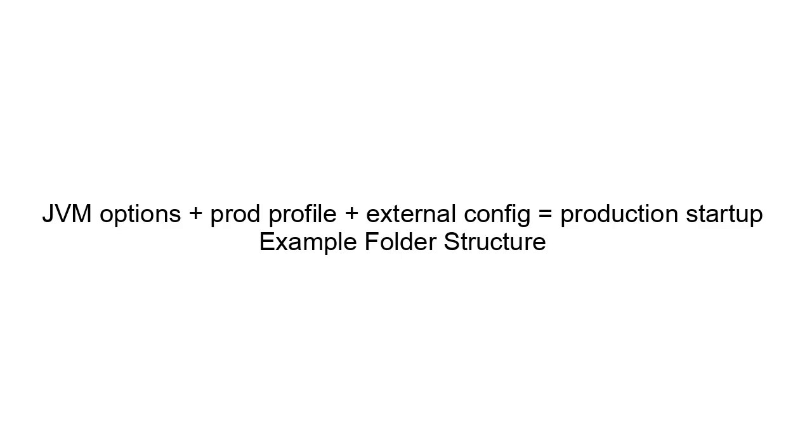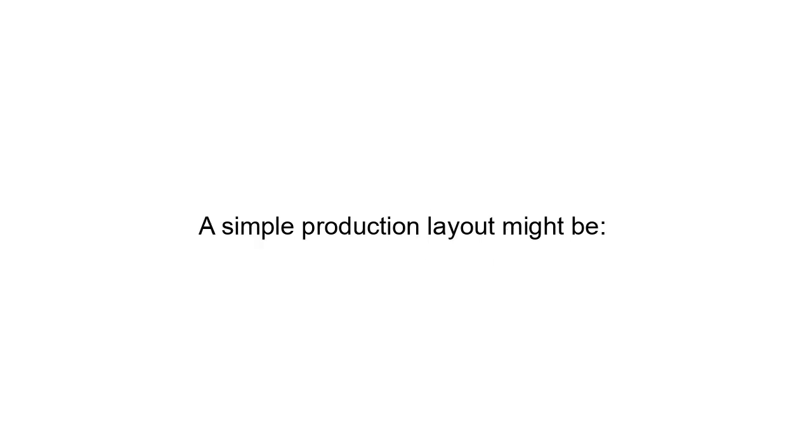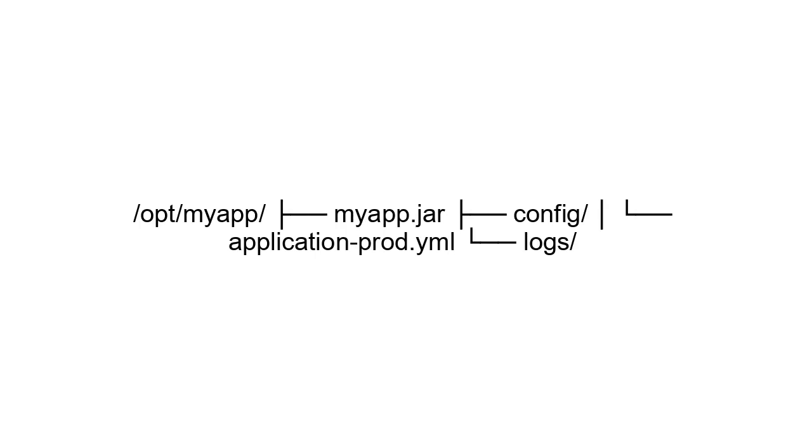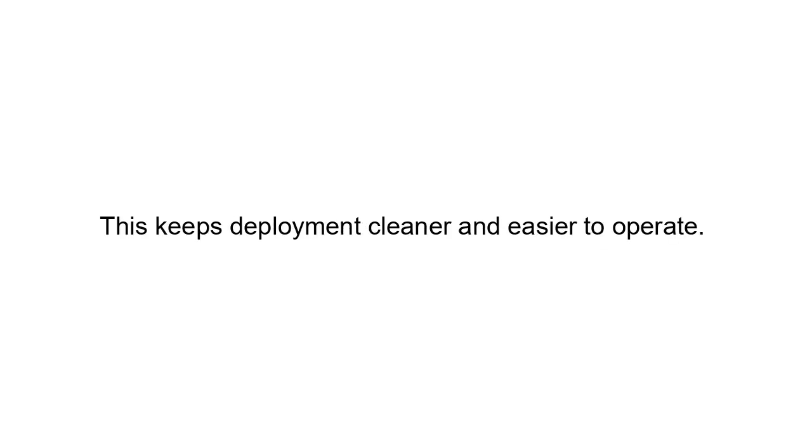Example concept: JVM options plus prod profile plus external config equals a production startup example. Folder structure: a simple production layout might be /opt/myapp with myapp.jar, config with application-prod.yml, and /logs. Example concept: artifact separated from config and logs. This keeps deployment cleaner and easier to operate.